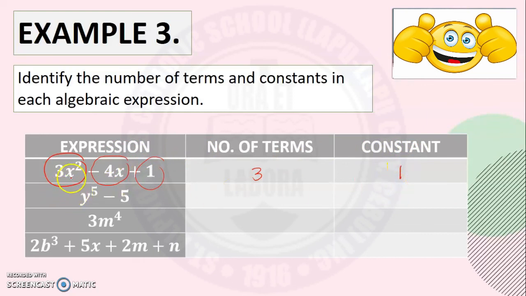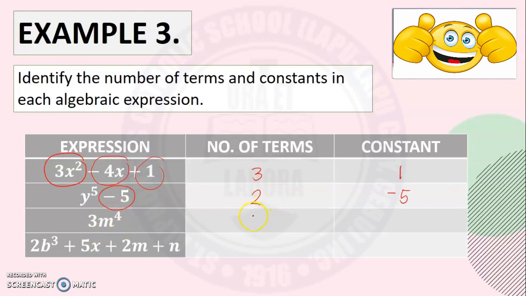For the second expression, we have y exponent 5 minus 5. This expression has 2 terms, and the constant is negative 5. Do not forget the sign before the number. Next is 3m exponent 4.